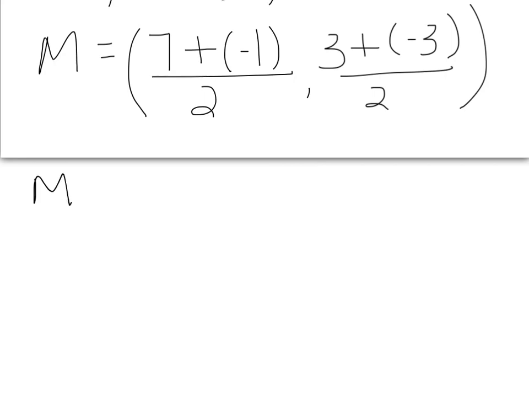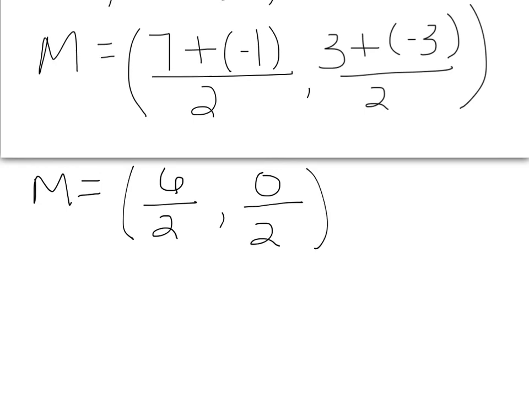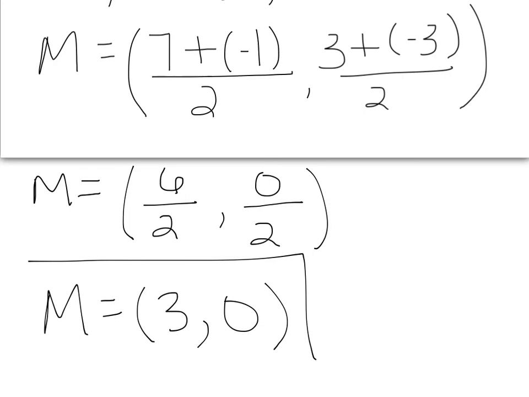Okay, so then I have m is equal to 7 plus negative 1 is the same as 7 minus 1, which is 6 divided by 2. 3 plus negative 3 is the same as 3 minus 3, so that's 0 over 2. And then the last thing I need to do is go ahead and reduce or simplify. So you have 6 divided by 2, you get 3. And 0 divided by 2, 0 divided by anything is 0. So in this case, our midpoint is 3, comma, 0.